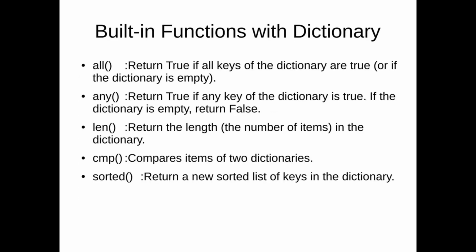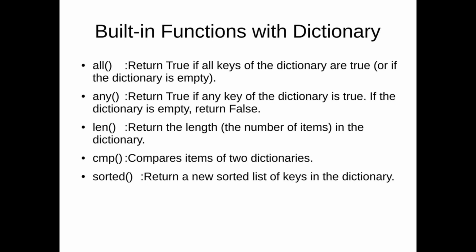Next, built-in functions with dictionary: all, any, len, cmp, and sorted. All returns true if all keys of the dictionary are true, or if the dictionary is empty. Any returns true if any key of the dictionary is true; if the dictionary is empty, it returns false.